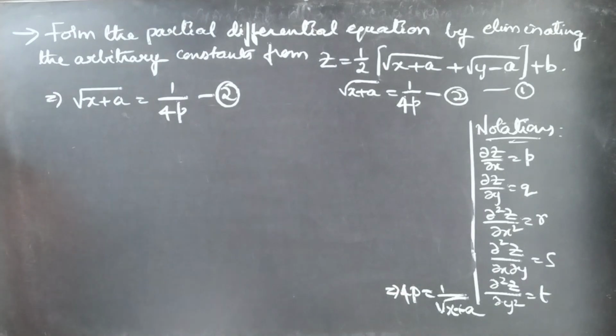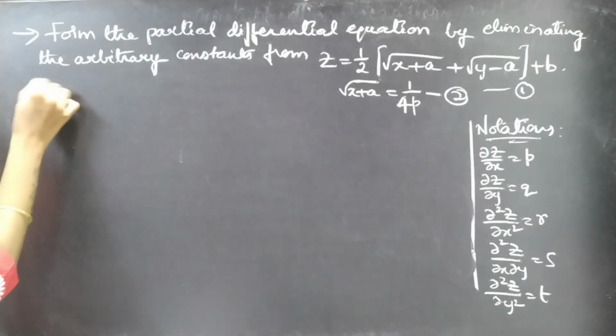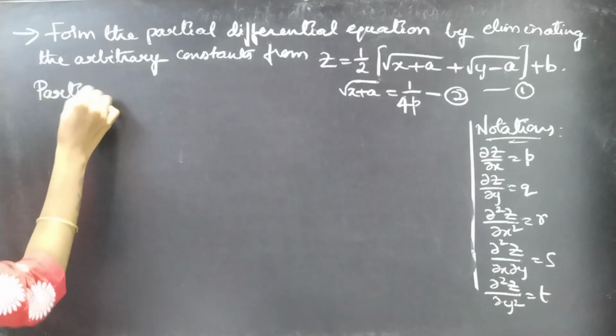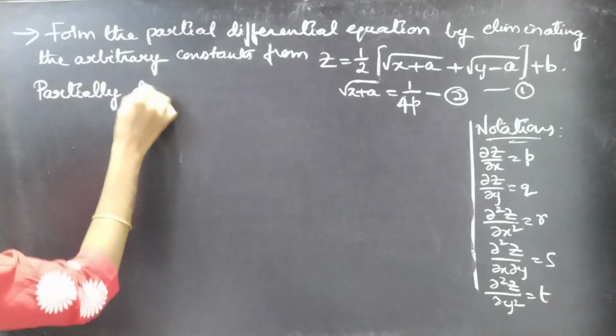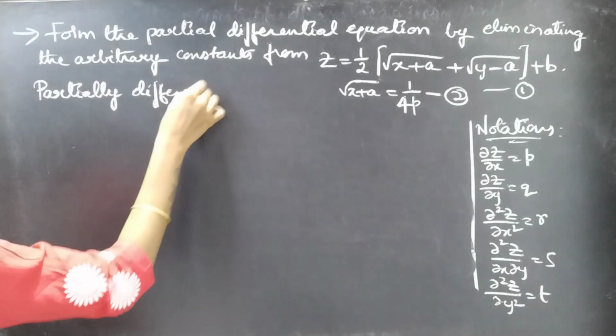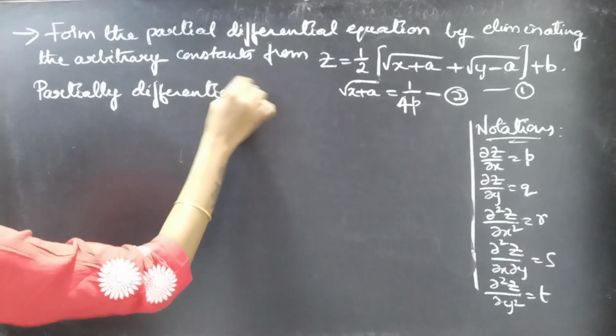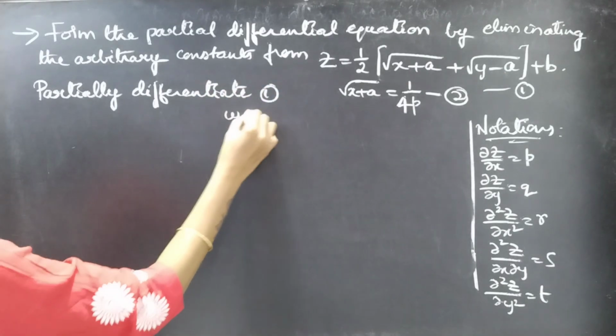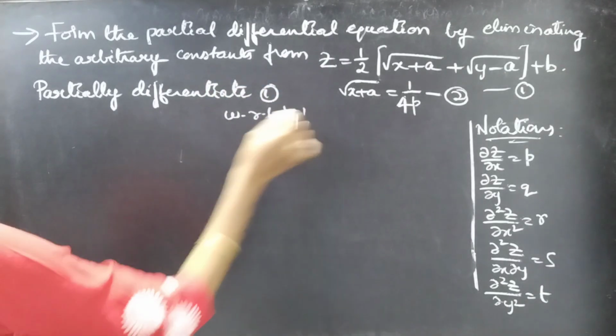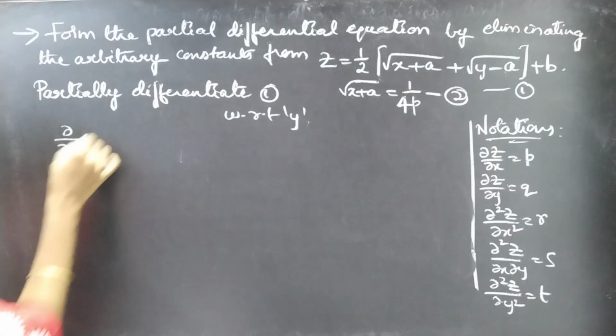Now partially differentiate 1 with respect to y. Just apply dou by dou y on both sides of 1.